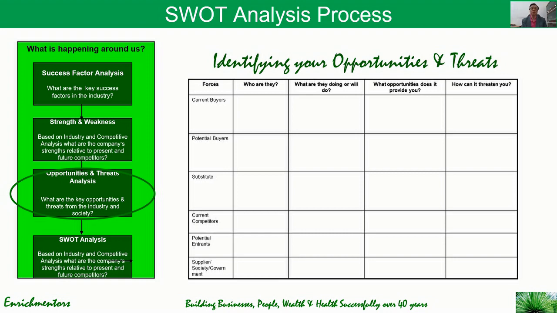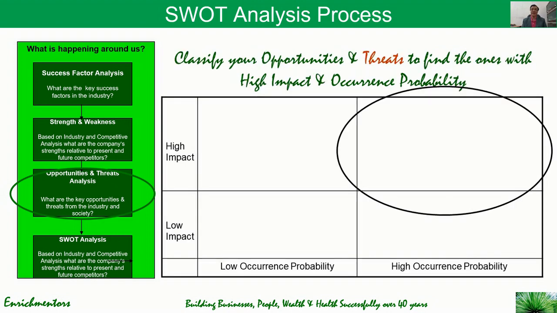It's like this you do for potential buyers, you do for substitutes, you do for competitors. Competitors normally give you threats. At times, wonderfully, they could give you some opportunities. So you discover this for each of the forces. And then once you have that, you plot them on an impact and occurrence probability, and focus on those opportunities and threats that can affect you in a significant manner.